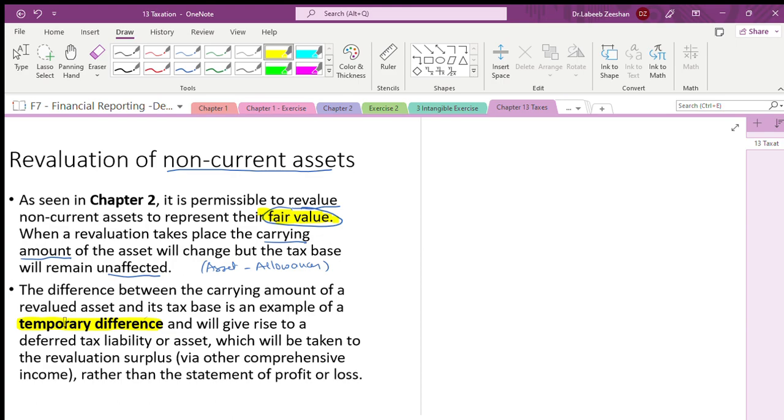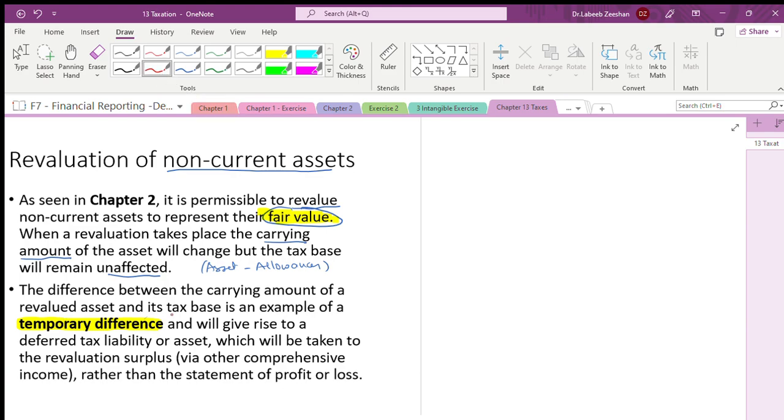If we are talking in terms of temporary difference with respect to non-current assets, the temporary difference is the carrying amount minus the tax base, and it gives rise to a deferred tax liability.